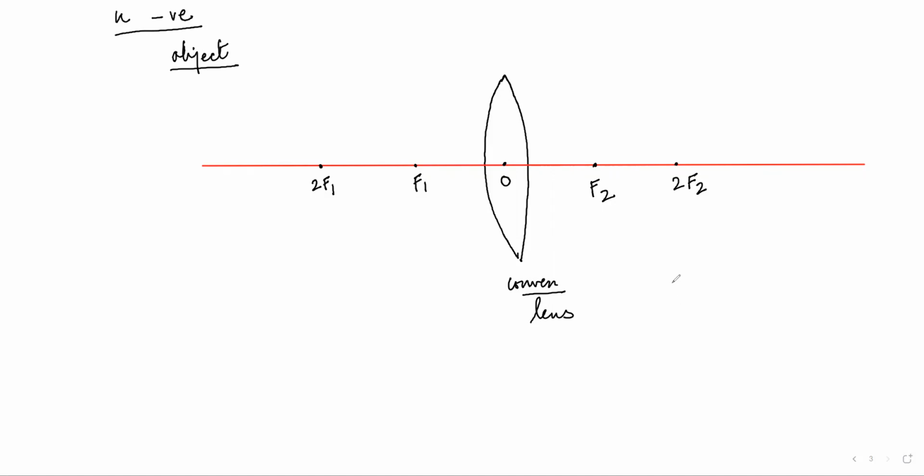So all the cases of convex lens match with concave mirror. We had 6 cases in concave mirror, possibly we'll have 6 cases in convex lens also. So students, let's discuss all the cases one by one here.